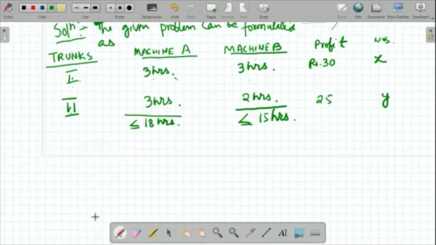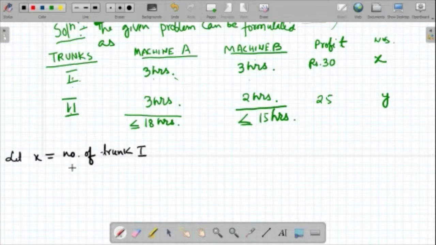Okay, so now this is our table, right? Let's write it down. Let x be the number of trunk 1, y the number of trunk 2.